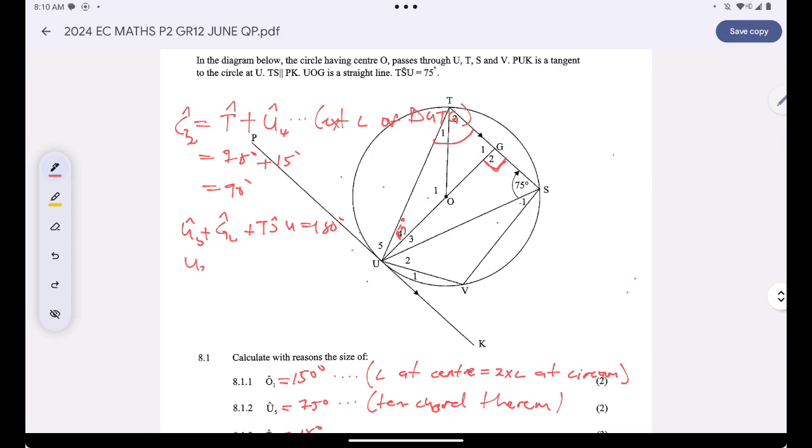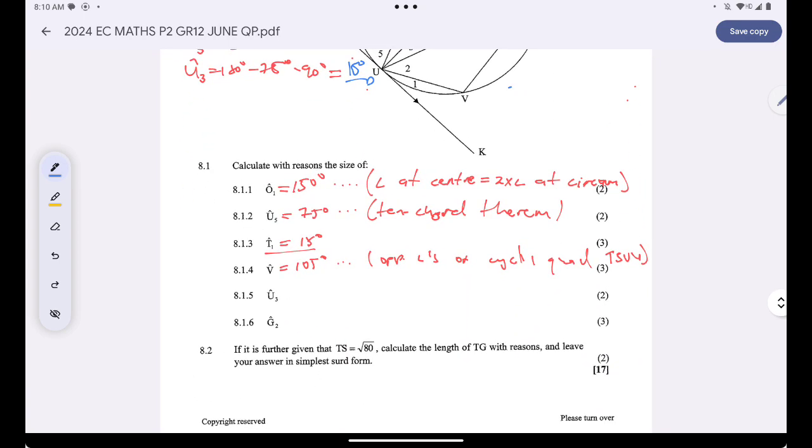So angle U3 will be 180 degrees minus 75 degrees minus 90 degrees, and then you'll get what? 15 degrees. Are you together? So angle U3 will be equal to 15 degrees.